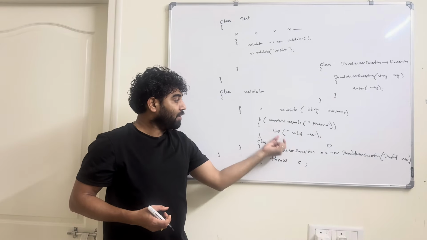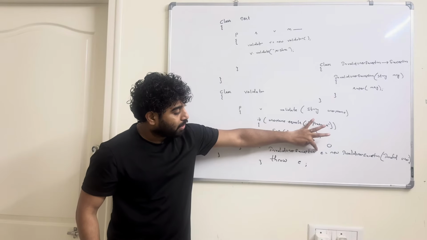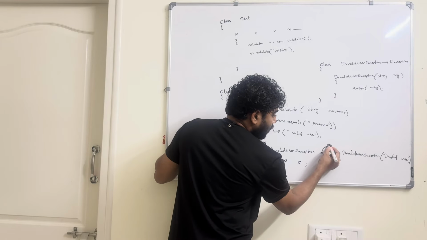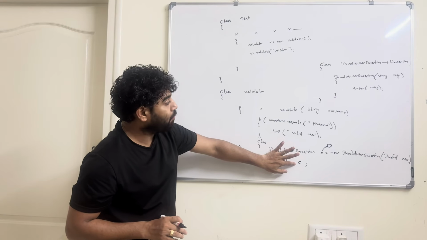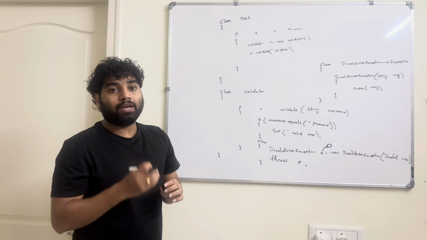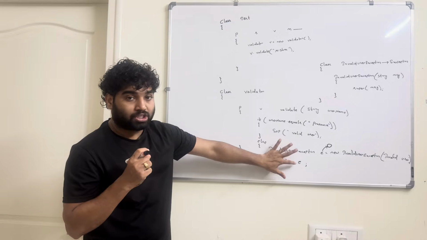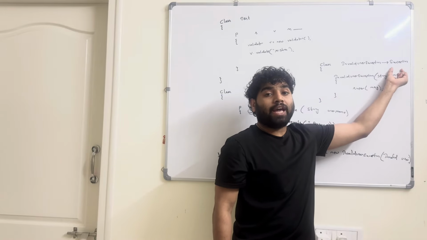So here, if this is an invalid user, we have created one exception object, and that exception object, that e itself, we are throwing to the caller. Now, it is a checked exception, because I have created this exception class by extending the Exception class.